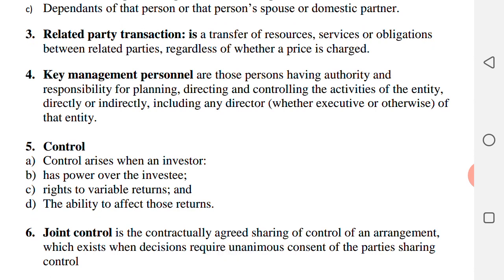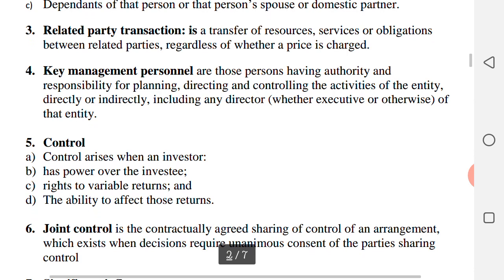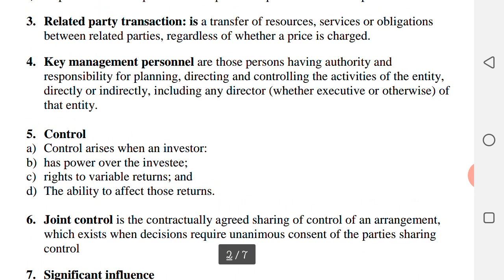It is a transfer of resources, services or obligations between related parties, regardless of whether a price is charged. As long as there is a transaction between related parties, even if no fees are charged, it is a related party transaction and the value should be disclosed.